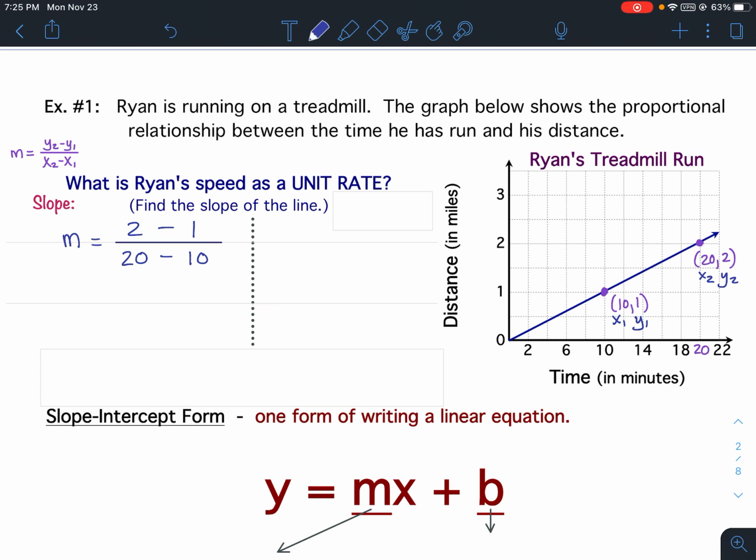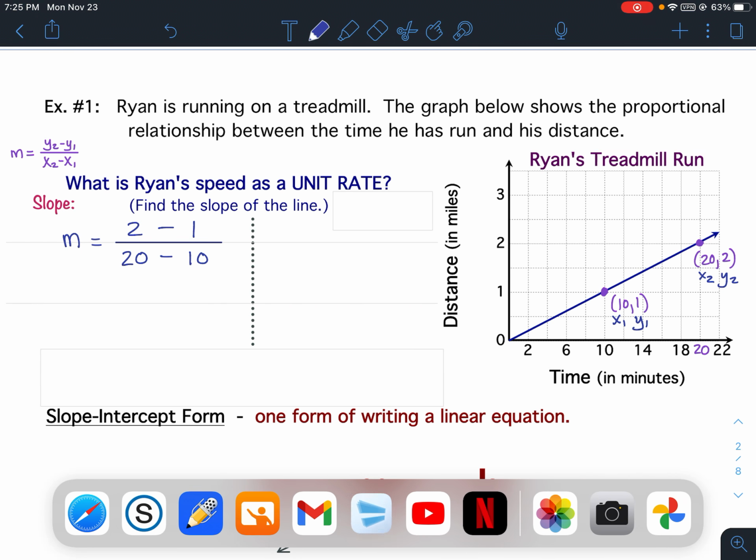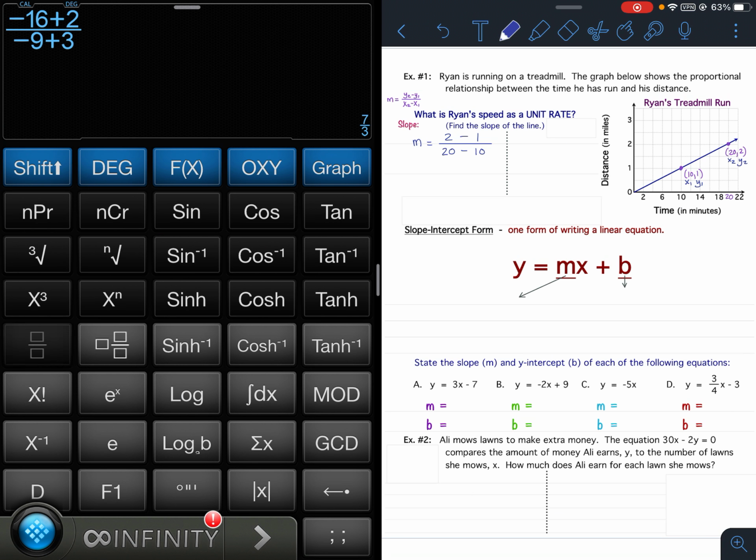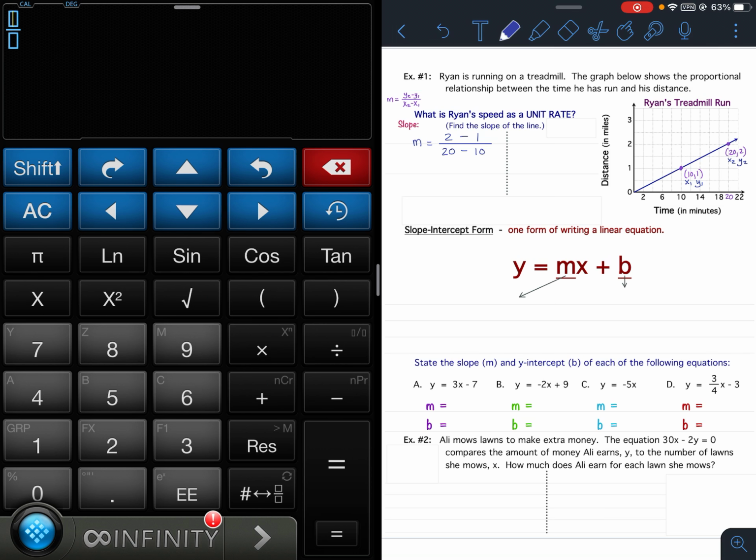So I have 2 minus 1 over 20 minus 10. And this time we actually want to leave it as the 0.1 because we want it as a unit. It says what is his unit rate. So we're going to leave it as 0.1.